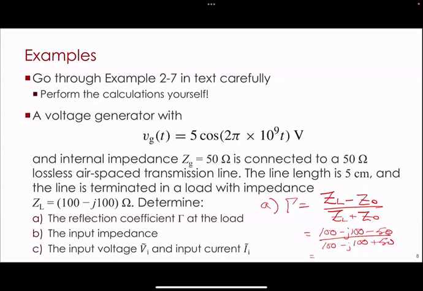All right, so 100 minus 50, that's 50 minus J100 divided by 150 minus J100. All right. So you go ahead and you flip that over to polar, just like we've done several times now. And I'll just come over here. And so if you did that, what would you get?